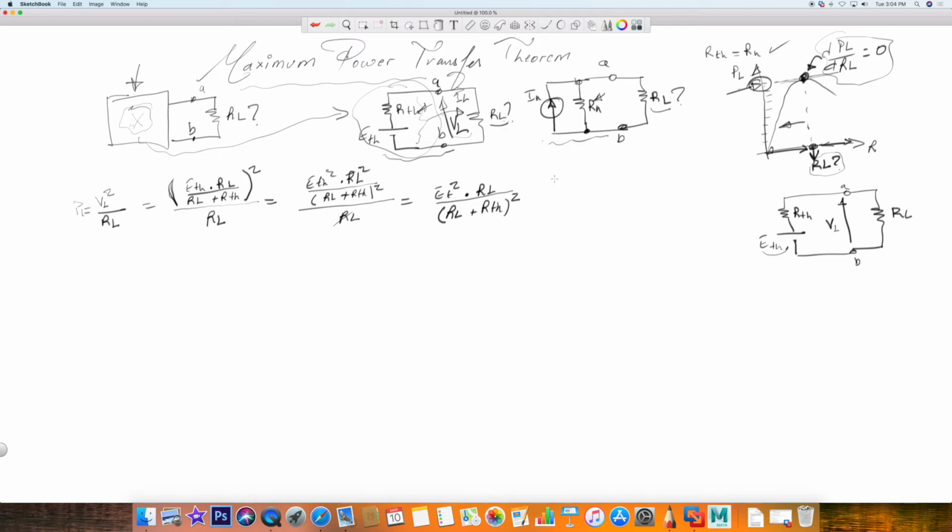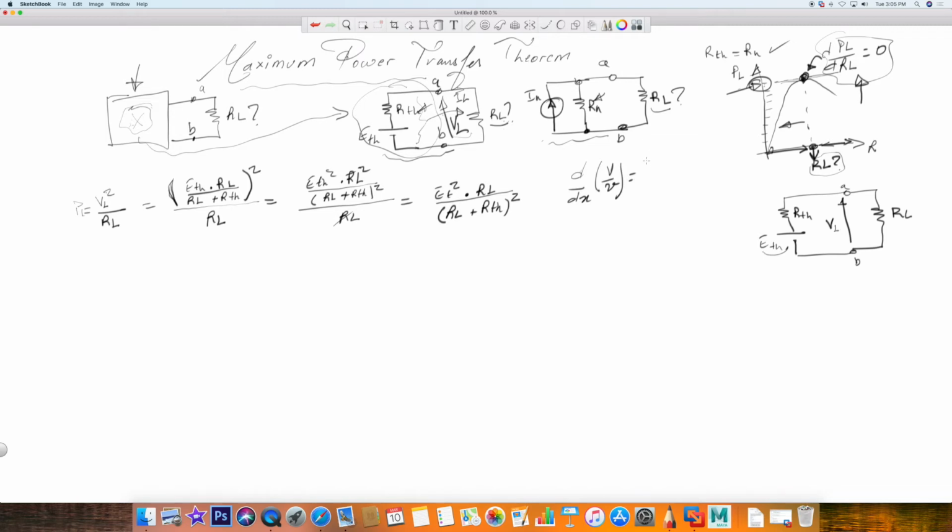Now, we want to derive. We want the first derivative here. And what do we have? We have a quotient. So what's the generic formula for d of u over v with respect to x?